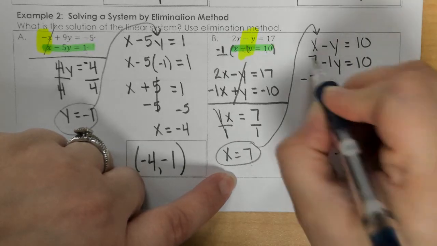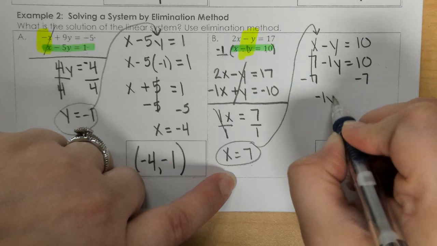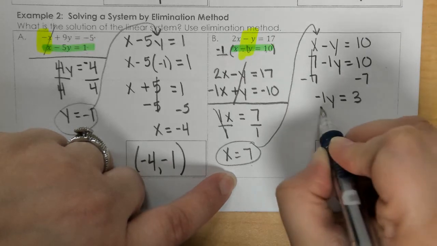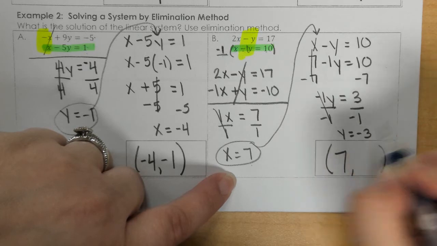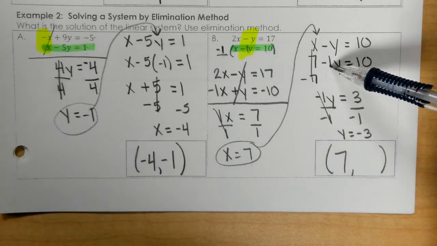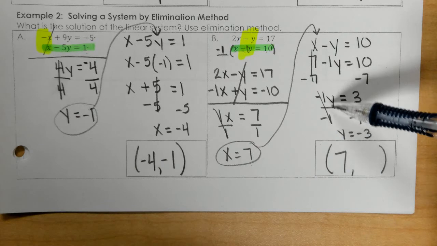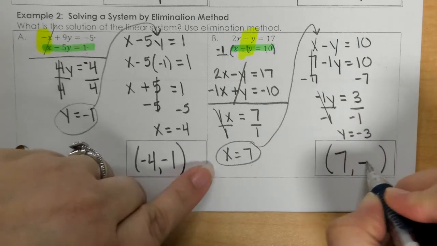Subtract 7. And then divide by negative 1. I just threw that 1 in front of the y to show that we still got to divide by negative 1 because you want to get a positive y by itself.